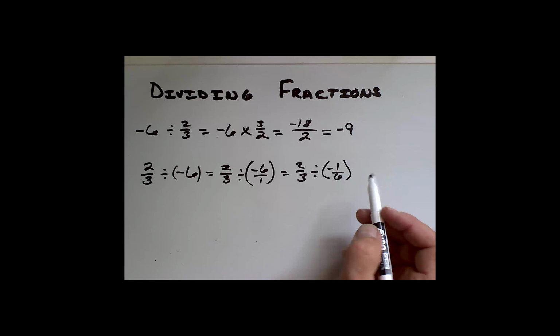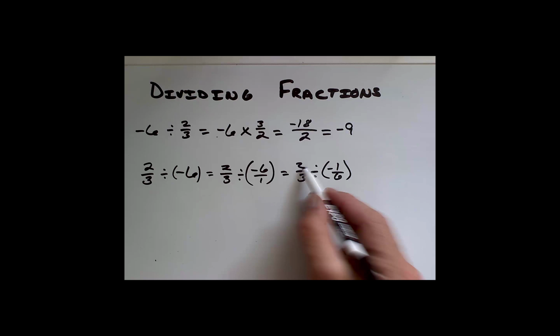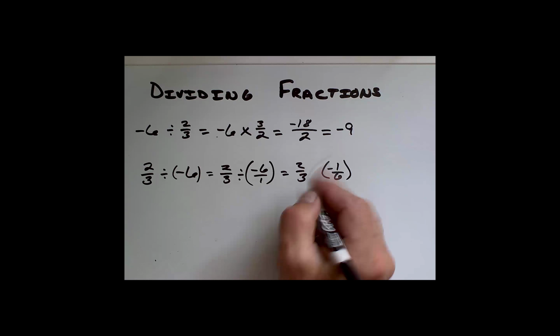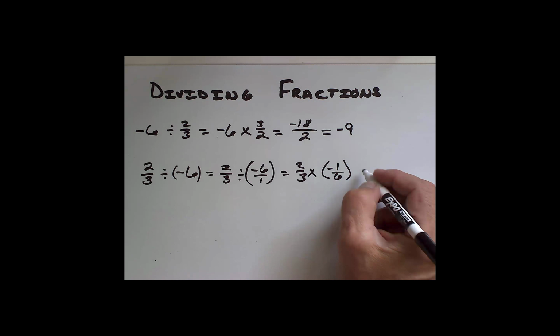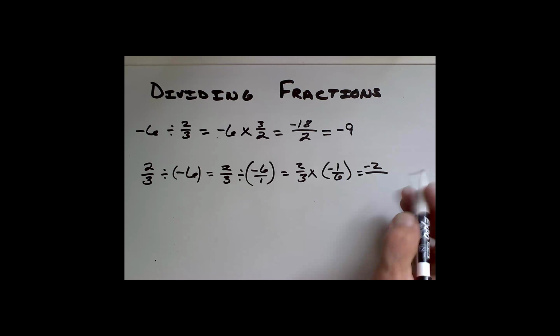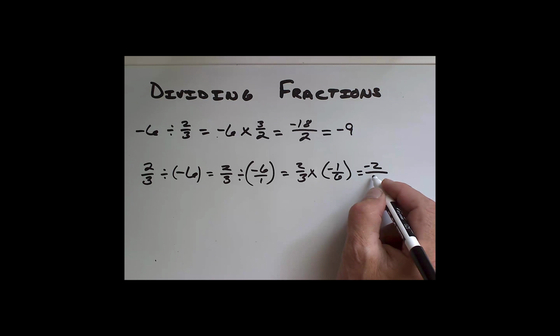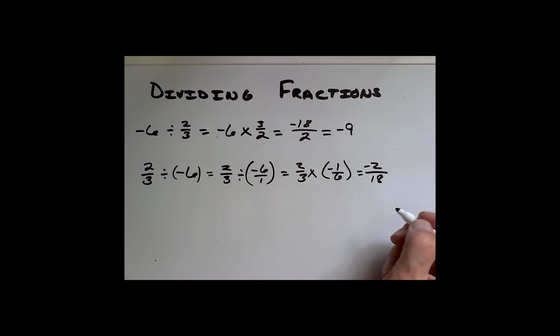Now we can multiply this through. Not divided by, this would be multiplied. 2 times -1, which would be -2, over 3 times 6, which would be 18. And we can reduce this. 2 goes into 18 9 times, so this would be -1/9.